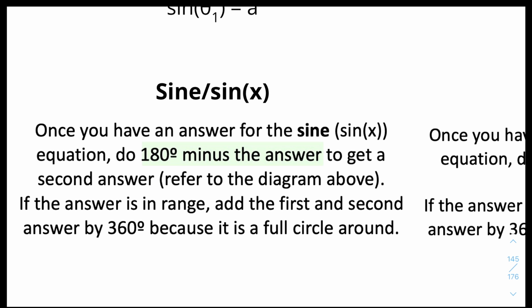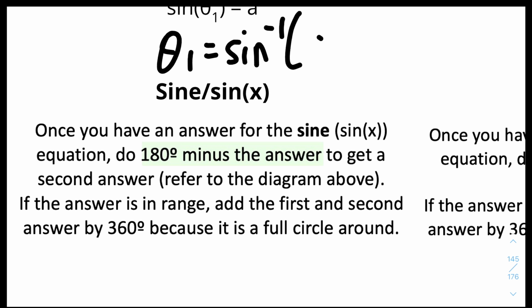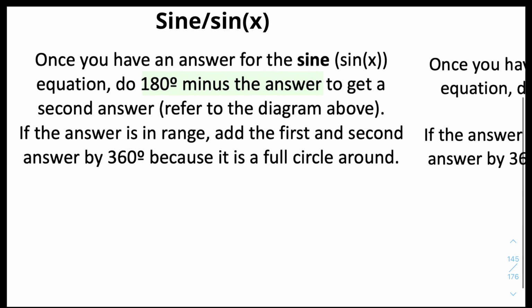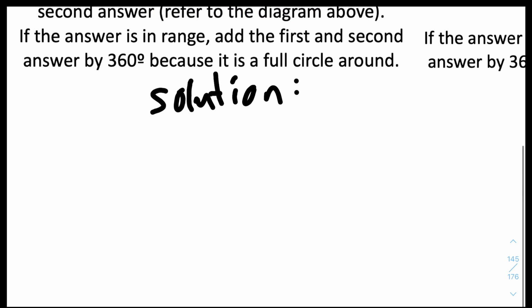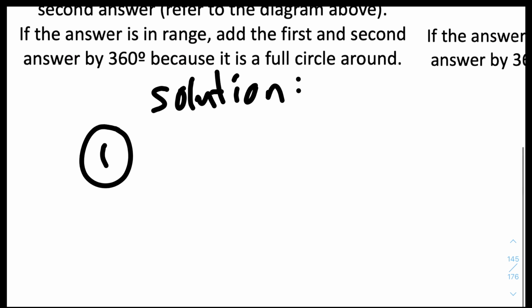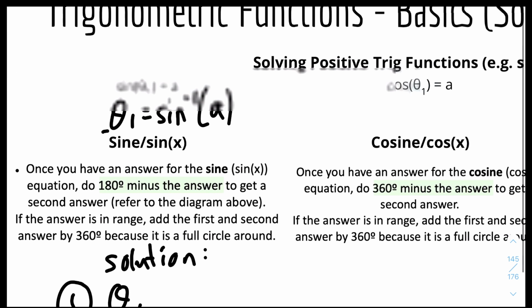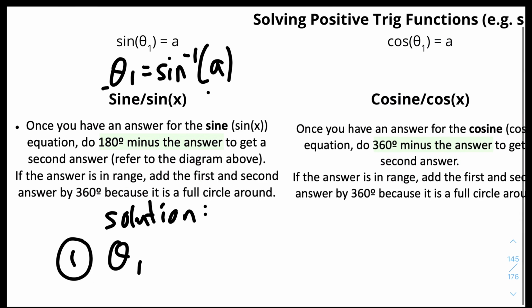So when you have an equation for sine, like sine theta 1 equals a, to solve for the first solution, it will be theta 1 equals sine inverse a. So as we see here, once you have an answer for sine, which is just theta 1, you do 180 degrees minus the first answer to get a second answer. There will be two principal solutions. Number one will be theta 1, which is given by doing sine inverse a.